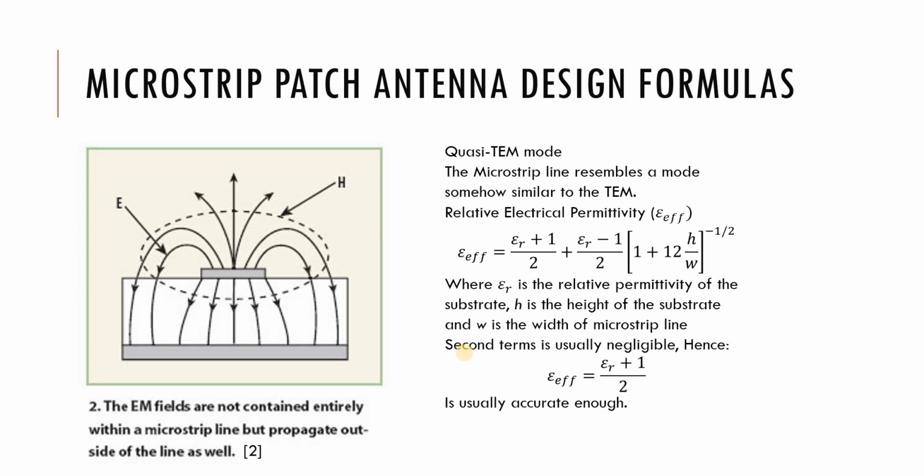So in order to calculate the electric field or radiation properties, you need epsilon effective, the effective electrical permittivity, which is equal to epsilon r plus 1 over 2 plus some small values which are usually negligible. So effective permittivity is assumed to be epsilon r plus 1 over 2, which is usually accurate enough.